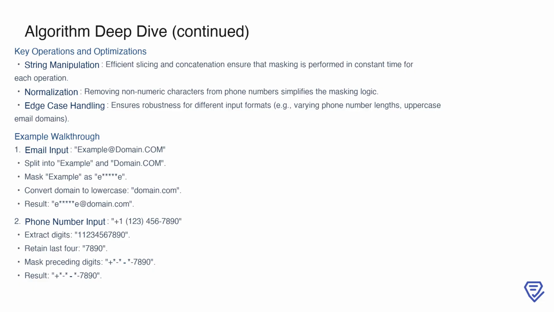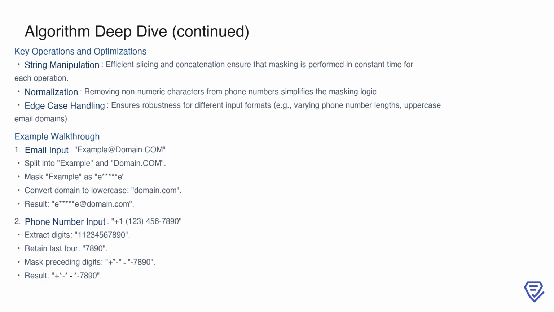For example, consider the email input example@domain.com. The local name is masked as e*****e, and the domain is converted to lowercase, resulting in e*****e@domain.com. For a phone number like +1 (234) 567-890, the raw digits are extracted as 11234567890.